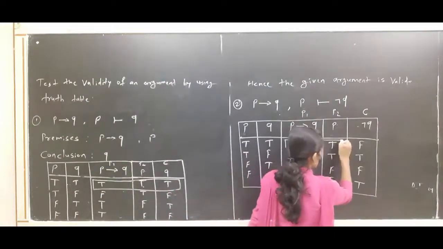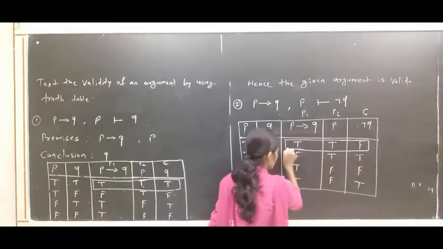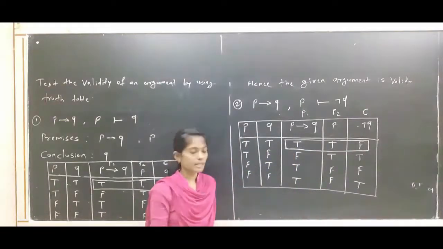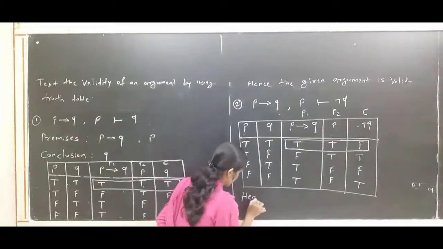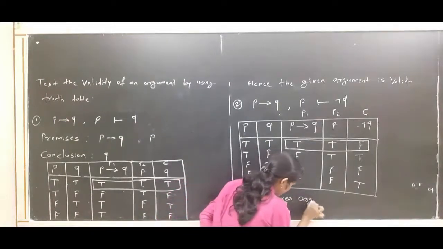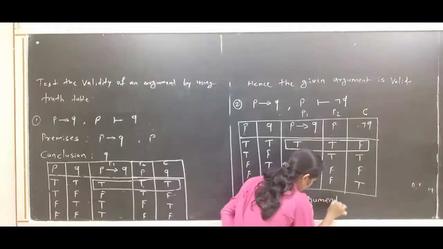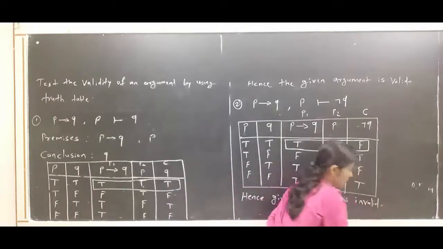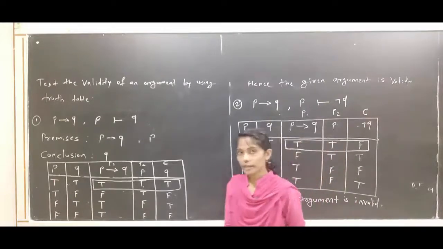So here both premises are true but the conclusion is false. Hence the given argument is invalid.